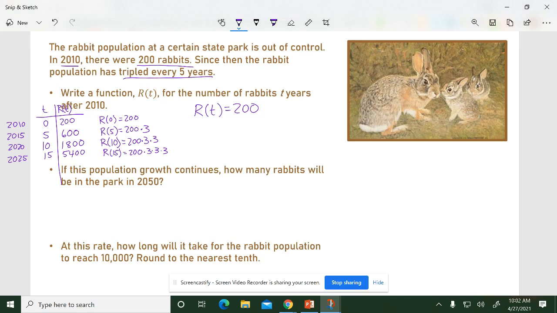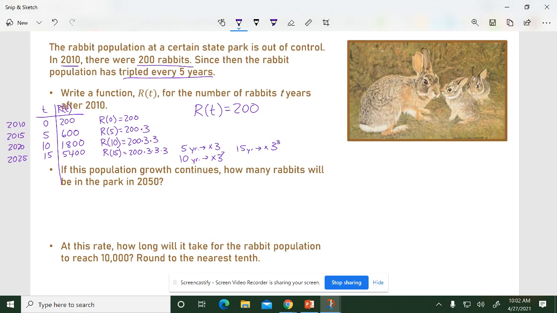So what you can see here is after 5 years, we multiply by 1 3. After 10 years, we multiply by 2 3s, or 3 squared. After 15 years, we multiply by 3 3s, or 3 to the third.